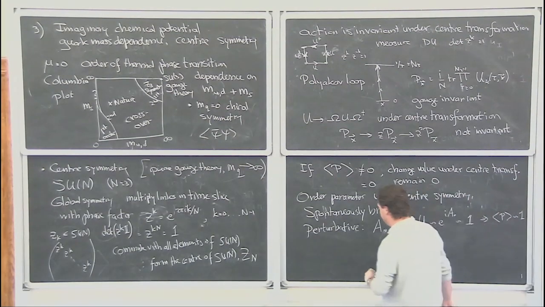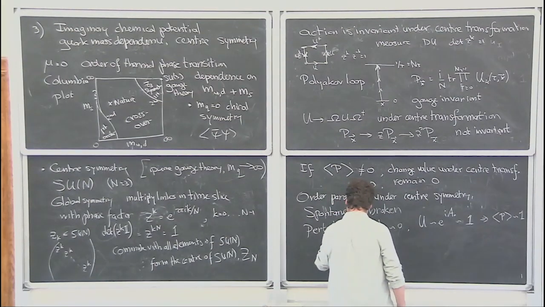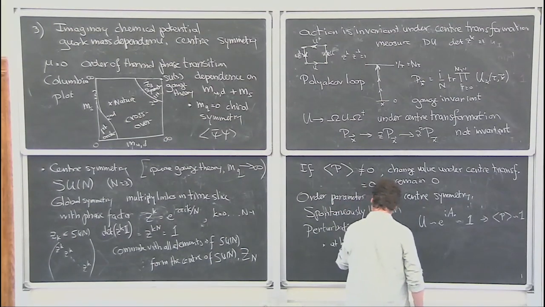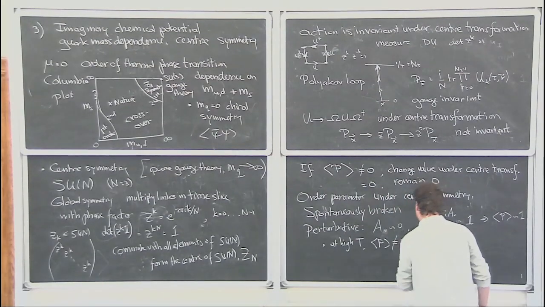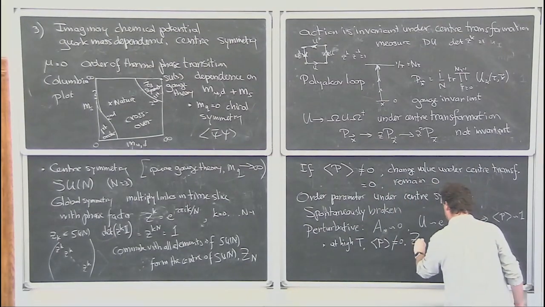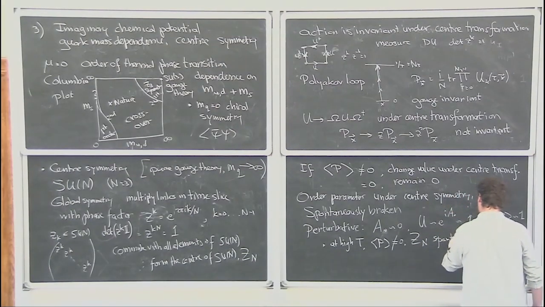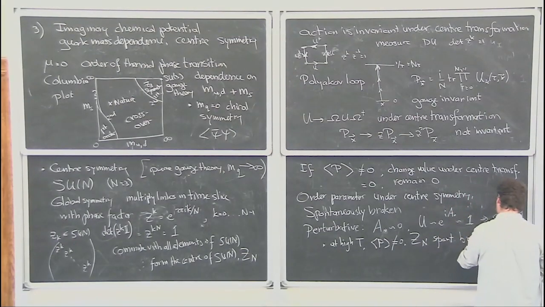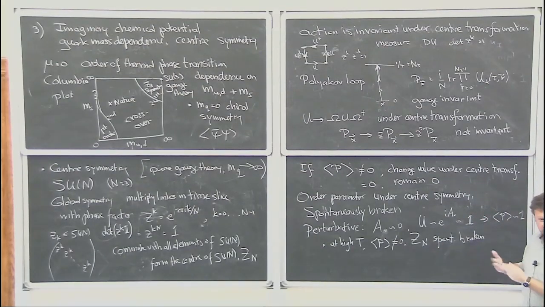So the first expectation is that at high T, the expectation value of the Polyakov loop is non-zero, and so the center symmetry Z_N is spontaneously broken. It is spontaneous because the center symmetry is a symmetry of the action and the path integral. I haven't put in any explicit symmetry breaking to make it happen. It's spontaneous.